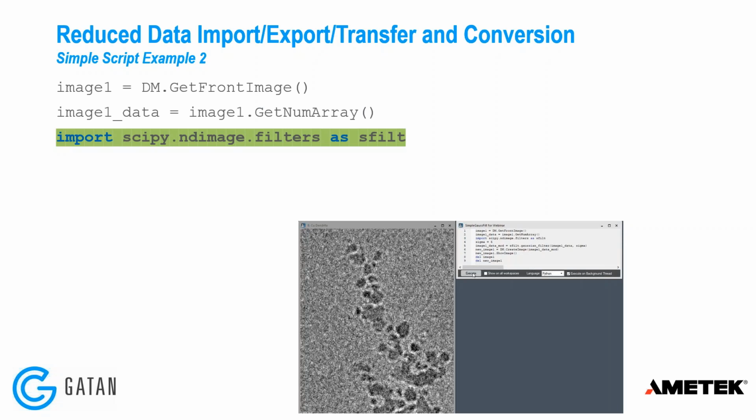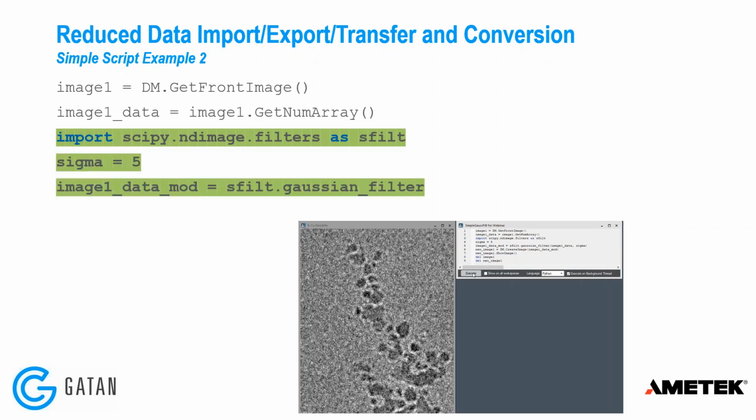And I'm going to use a filter, a Gaussian filter specifically, to do a Gaussian blurring of this image. So I have my sigma for this Gaussian blur, and then I have my command here to apply this Gaussian filter to my NumPy array that I've extracted from the image and create a new modified NumPy array.